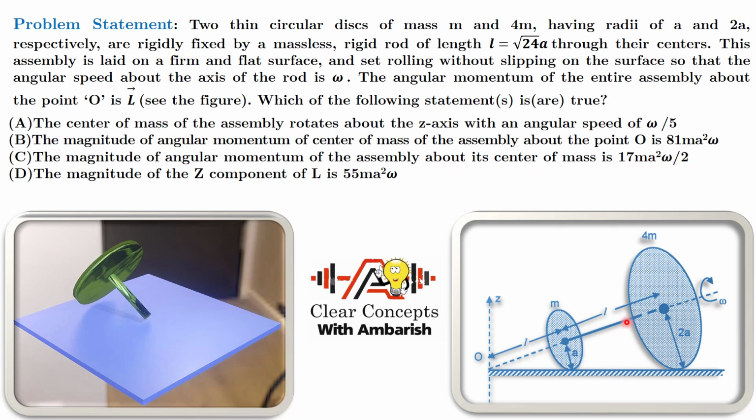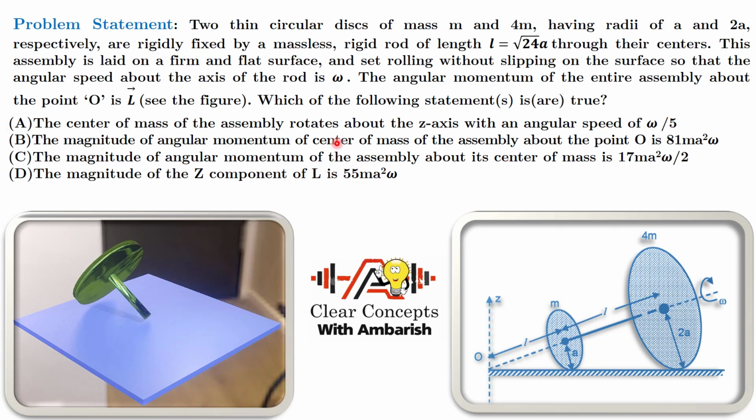It's talking about the angular momentum about its center of mass, but this option is ambiguous, and that's the reason alternate keys were given in JEE Advanced 2016, because there can be 2 types of frames. One can be a revolving frame and one can be a non-revolving frame, in which we can talk about angular momentum about the center of mass. We'll see both the cases. And then in option D: the magnitude of the z component of angular momentum is 55 ma square omega. So we have to comment on these.